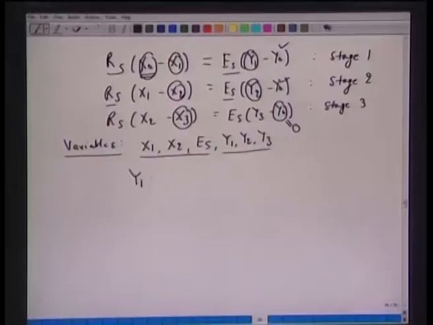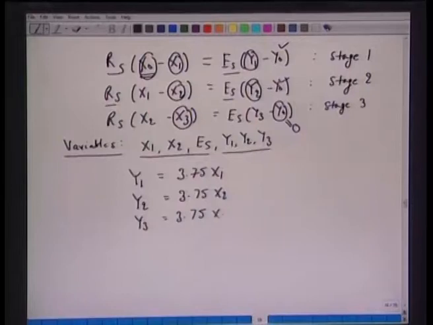So y1 equals 3.75 x1, y2 equals 3.75 x2, and y3 equals 3.75 x3. Now we can say that there are 6 unknowns and 6 equations.